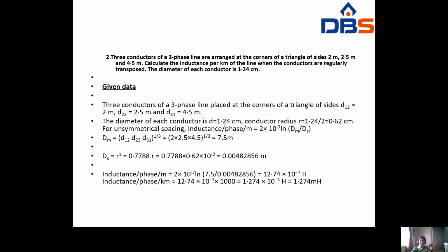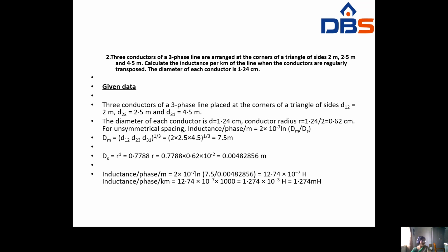Now you have to find the self GMD value. The formula is Ds equal to r dash, that is equal to 0.7788 r. The value of r is 0.62 centimeters. To convert into meters, you multiply with 10 to the power of minus 2, that means divide by 100.